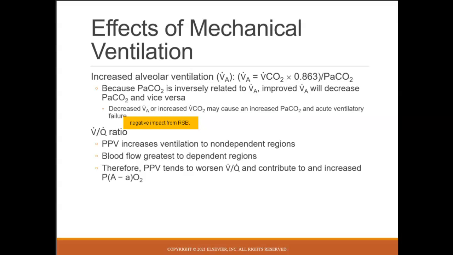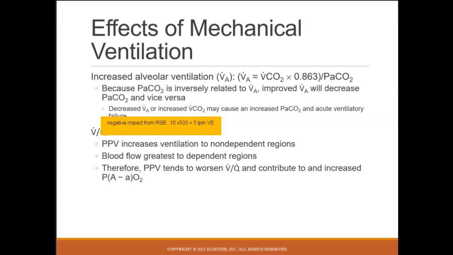So, just using really super simple math here. Let's say I'm breathing at a respiratory rate of 10 with a tidal volume of 500. Okay. So that gives me a 5 liter per minute VE.